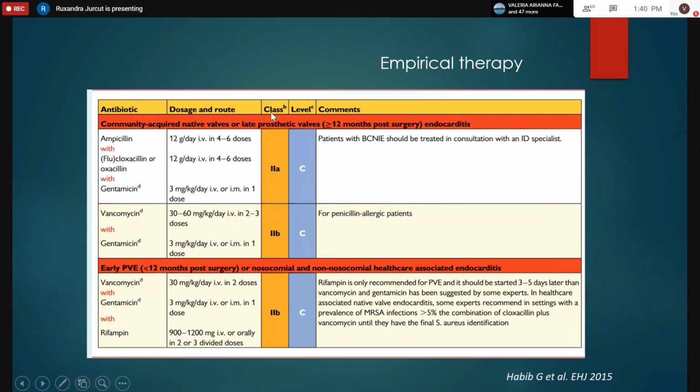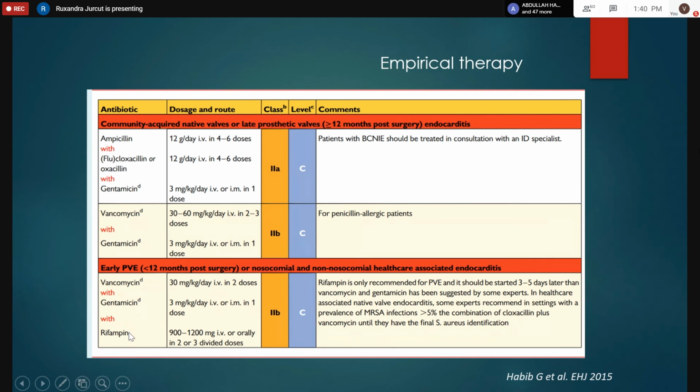If it's a late prosthetic valve, I said at the beginning, it's usually with the same germs as native valves. If it's prosthetic valve endocarditis, but it's early, or if it's a nosocomial native valve endocarditis, then we have to give a strong regimen, including vancomycin, gentamicin, and rifampin.